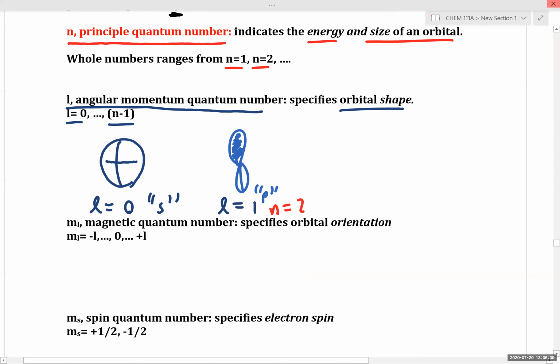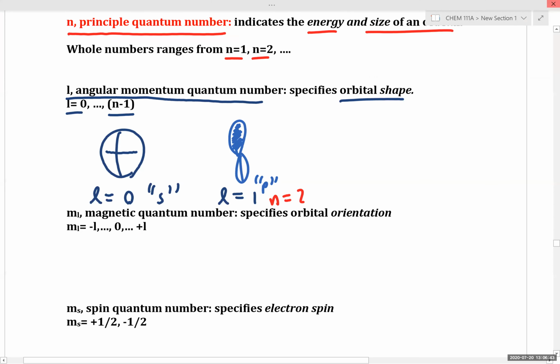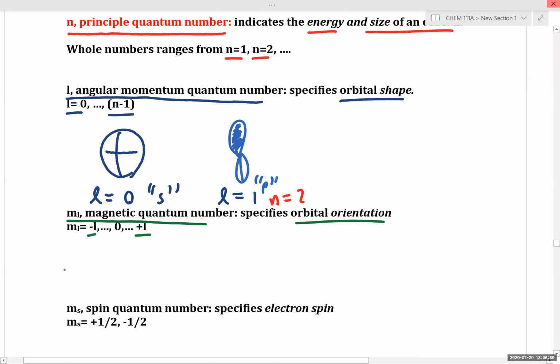Finally, ML is known as the magnetic quantum number, and the magnetic quantum number specifies orbital orientation. ML ranges from negative L to positive L. So for example, if we are looking at L equal to 1, a p orbital, we could have ML values equal to positive 1, 0, and negative 1.